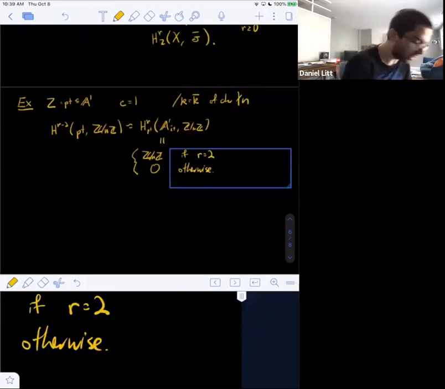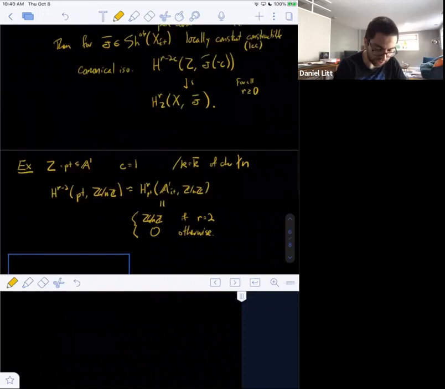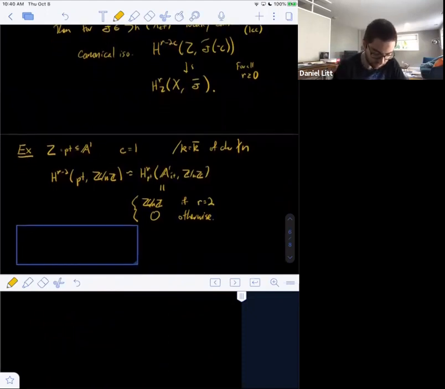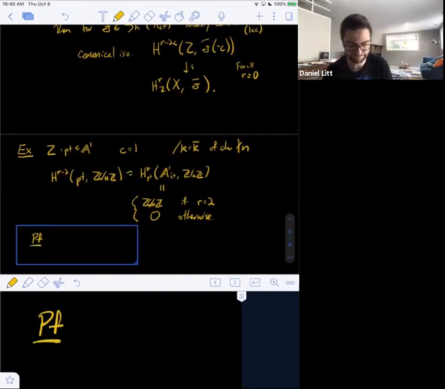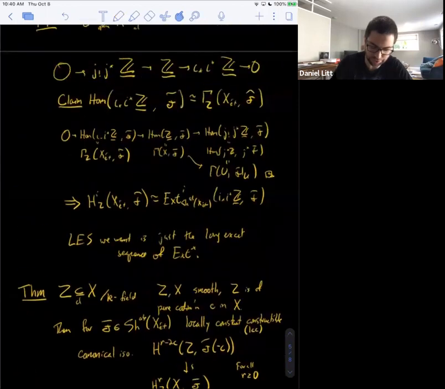All right, let's actually check that this is true. Here we just claimed this, we deduced it from the theorem, but how would you check it? I claim we can actually prove this without the theorem. So how would you do that? We should probably use this long exact sequence we just constructed.